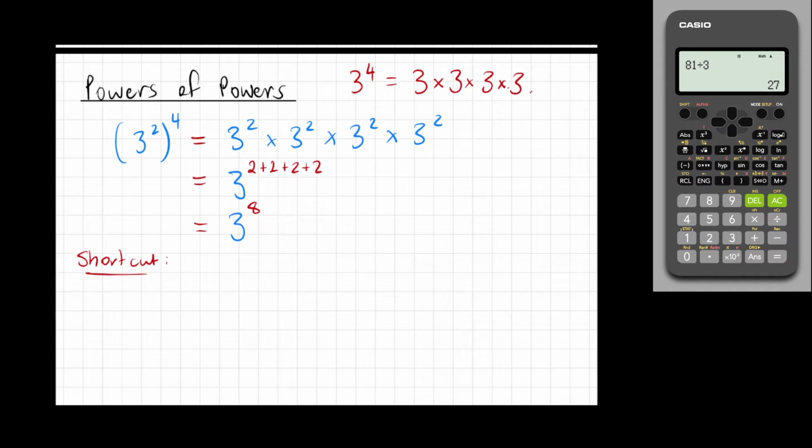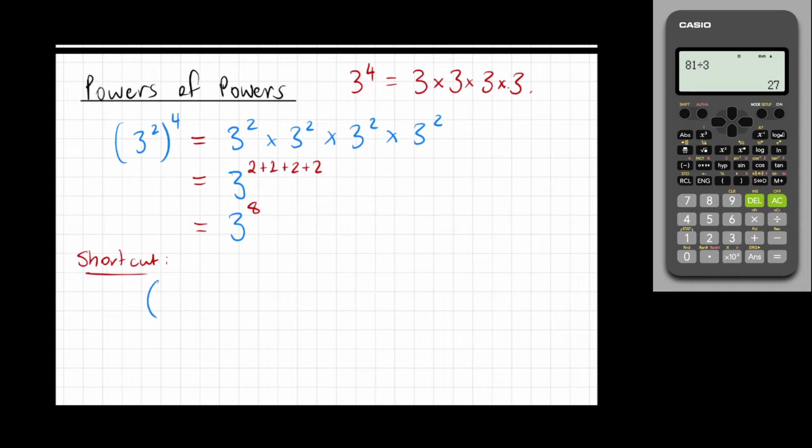Now, I wonder if you guys can see the shortcut. What is the shortcut in this case? Well, it's pretty straightforward. The shortcut is that when you have a power of a power, you just multiply the powers together.